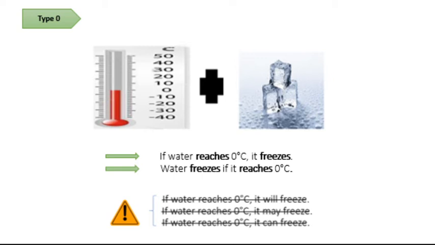So it's possible to freeze. It may freeze or it may not freeze, and that's not the case. So if water reaches 0 degrees Celsius, it freezes 100%. Okay, so for the conditional type 0, we cannot use will, may, or can.